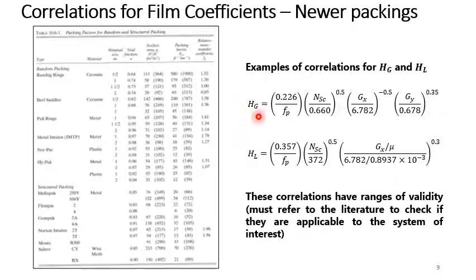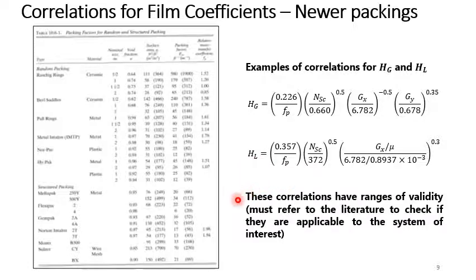For example, for Hg, you need the value of Fp, the Schmidt number for the gas phase, Gx and Gy. And for HL, you need the packing factor as well, the Schmidt number, and you only need Gx and the viscosity of the liquid. So you don't need Gy in the correlation for HL.